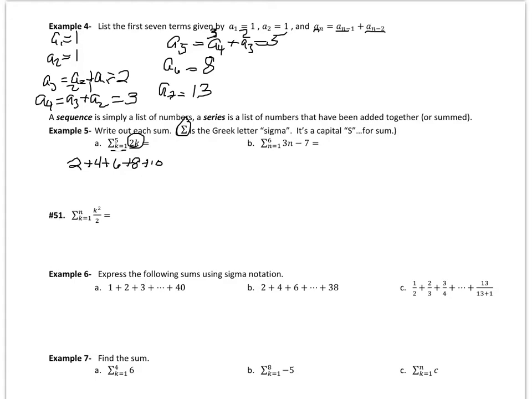Because it's the k right here. The bottom one says what k starts with, and the top number says what k ends with. So we start k with 1 and we end with k is 5. And we take each of those integers in between and then add them all up. So we get 10, 20, 30. So that is equal to 30.